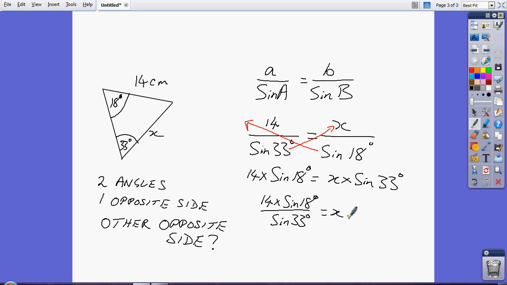And if we work that out on our calculators, we find that it gives us a value of x of 7.9 centimetres. So we can also use the sine rule to find the lengths of sides where we have two angles. We have the length of one side opposite one of the angles, and we are looking for the length of the side opposite the other known angle.